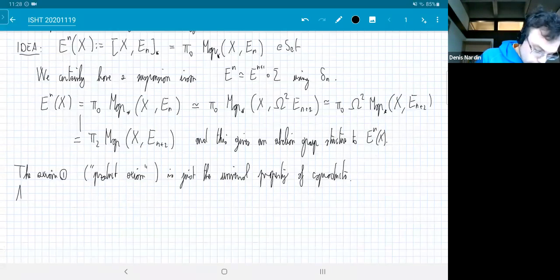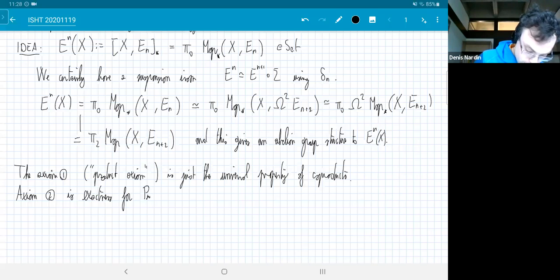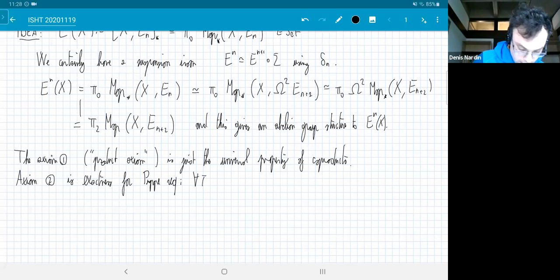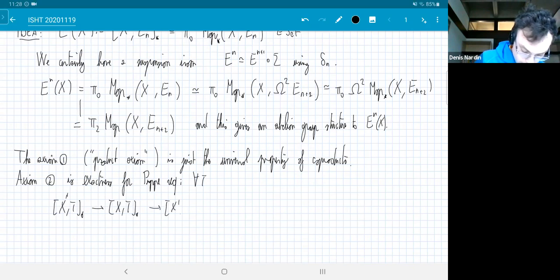And then axiom 2 is exactness for Puppe sequences: for any X'' to X to X', it is an exact sequence of pointed sets.